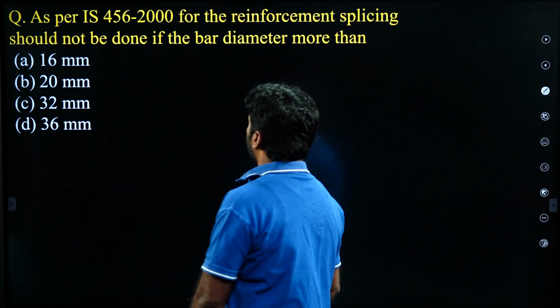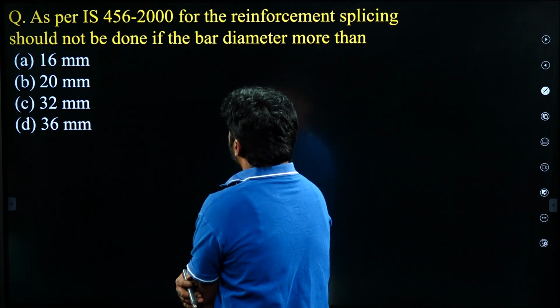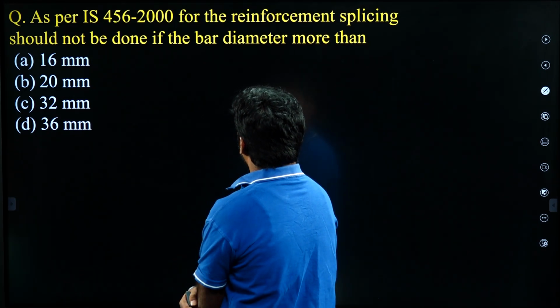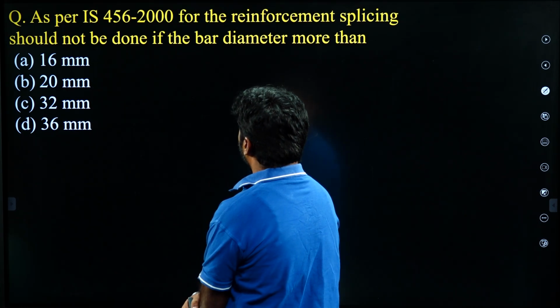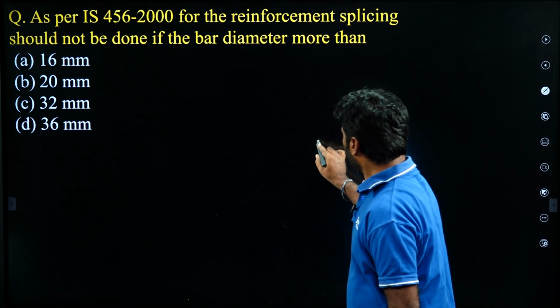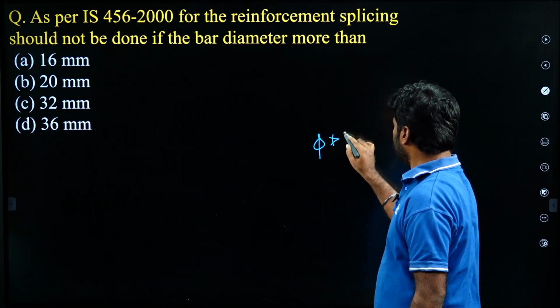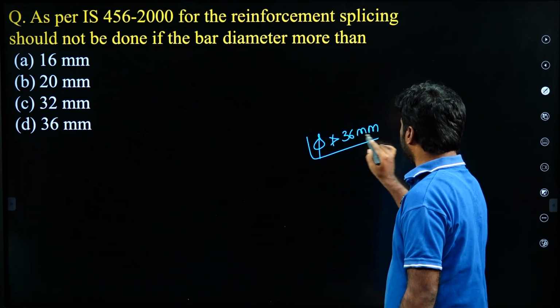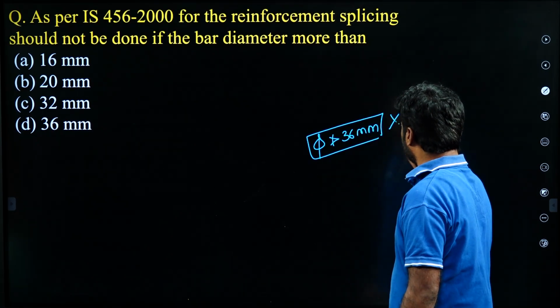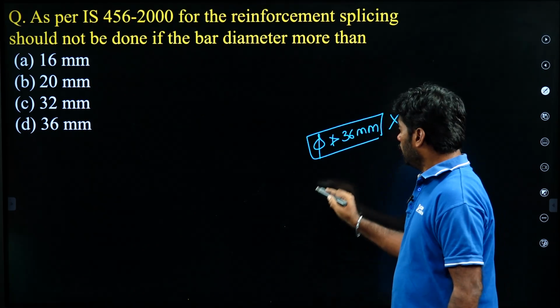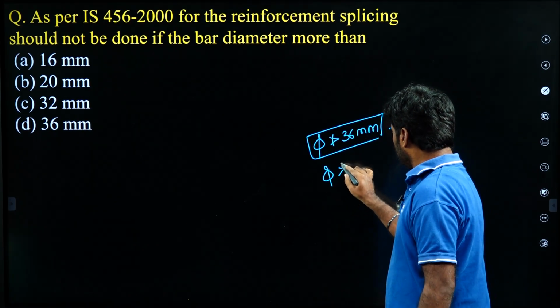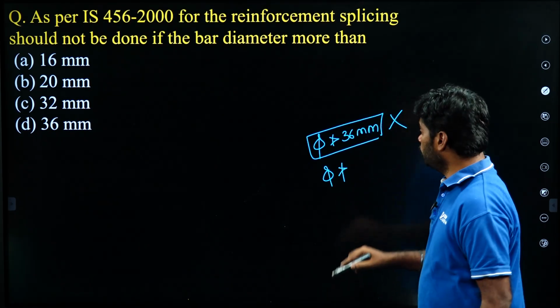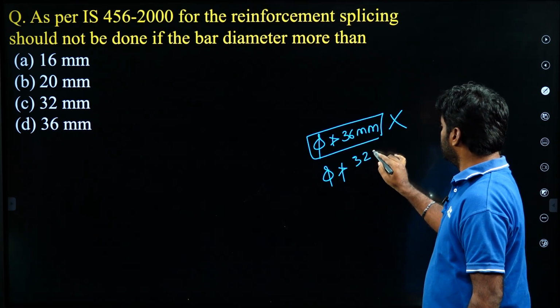As per IS 456-2000, reinforcement splicing should not be done if the bar diameter is more than 36 mm. This is old data, wrong now. It was later modified to 32 mm, not 36.